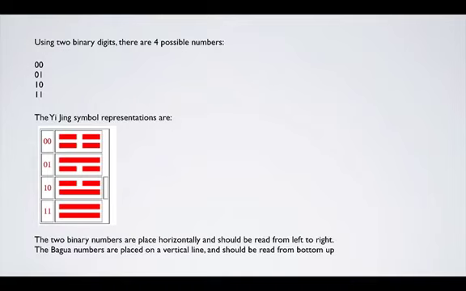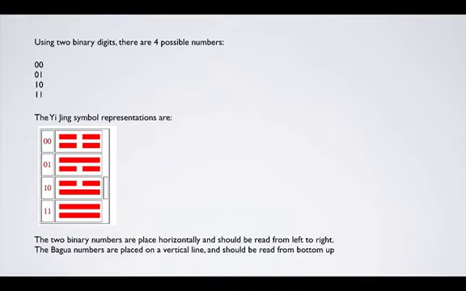So with binary digits, we can get 4 possible combinations: 0 0, 0 1, 1 0, 1 1. Also, with the I Ching, we can get 4 basic combinations, because we have broken broken, broken unbroken, unbroken broken, and unbroken unbroken, which is the same translation as the Boolean logic here.